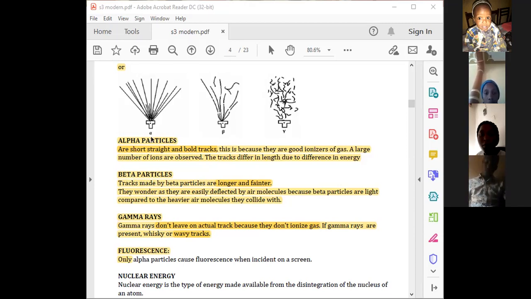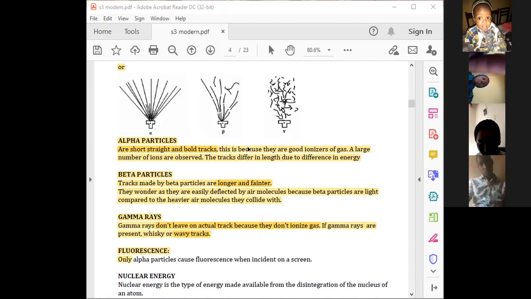So alpha tracks are short, straight and very bold. You can see it from here. They are bold enough to be seen, but they are short. Here the diagram is just elongating it, but they are already short for me. Then when you look at the beta particles, this is the source, and this is the screen.